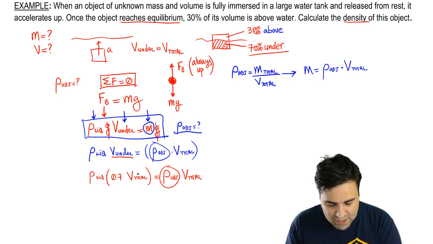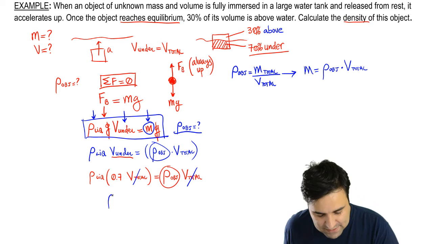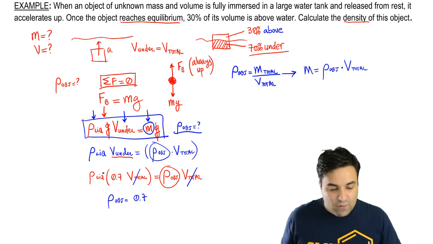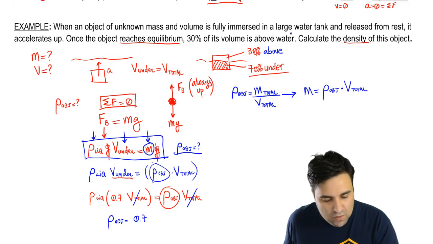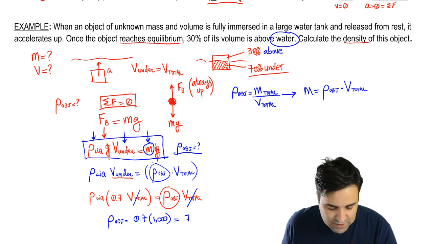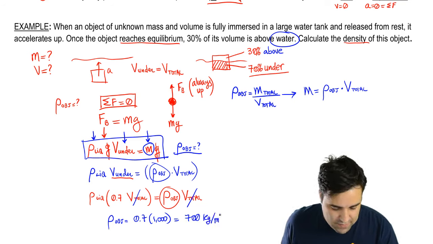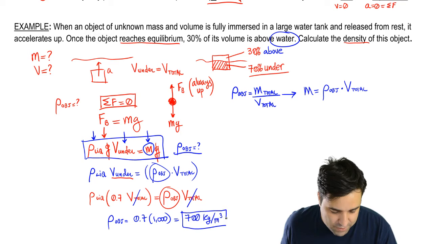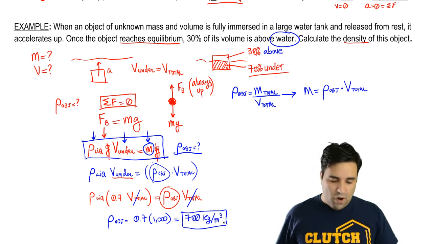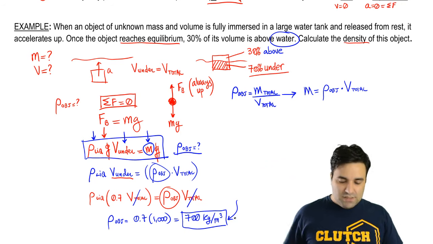So if you do that, you can cancel these two out, and then we are basically done. The density of the object is 0.7 times the density of the liquid. We are in water, so this is just 1,000. So the density of the object is 700 kilograms per cubic meter, okay? It should make sense that the object is floating above water because it is less dense than water, therefore it rises to the top.